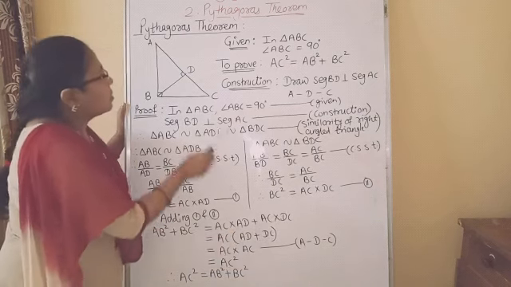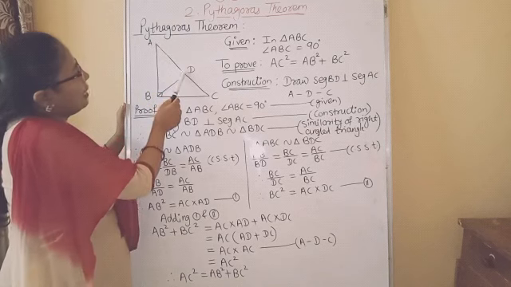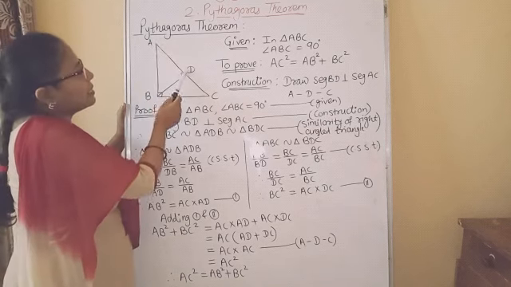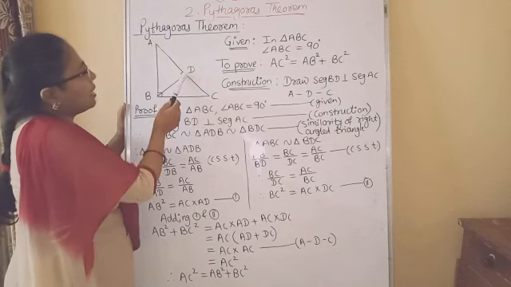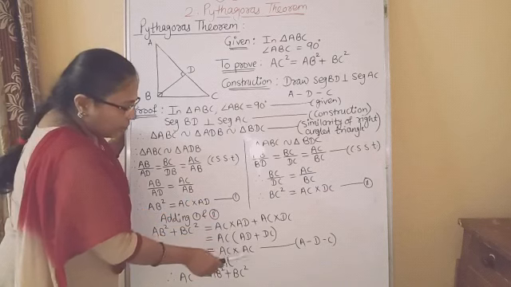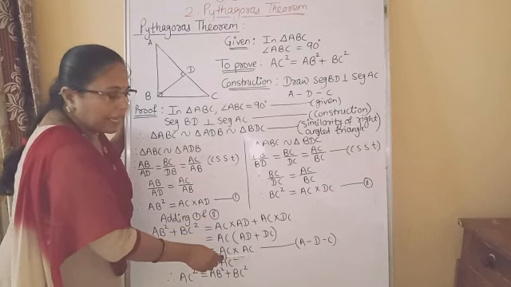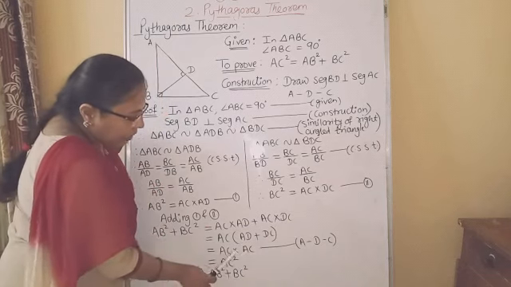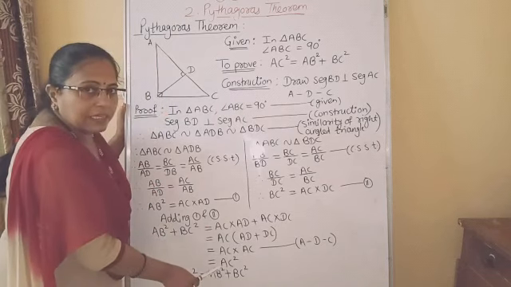Okay. Now observe the figure. AD plus DC. Here we have betweenness A-D-C. So AD plus DC we will get AC. So here we will write AC, and the reason is A-D-C. So AC into AC we got AC square.